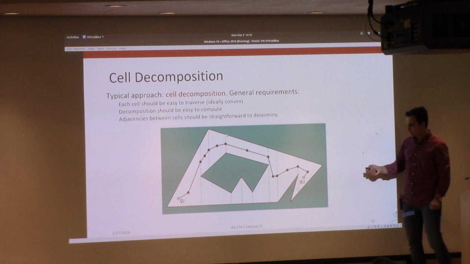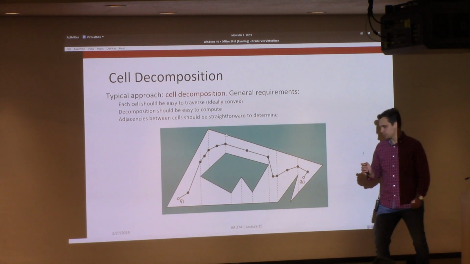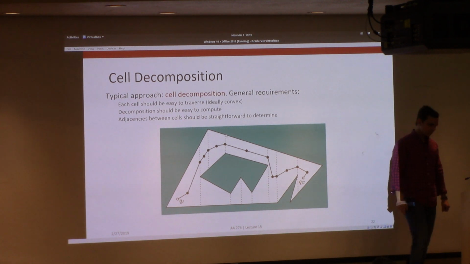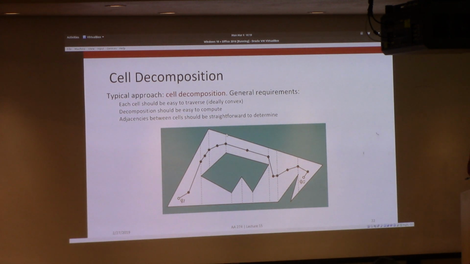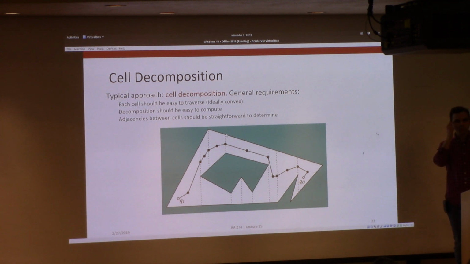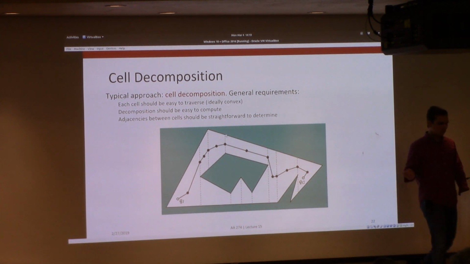We are given now a start configuration and a goal configuration. How do we find a continuous path between them? What is the first thing that we do? Those configurations are just coordinates.